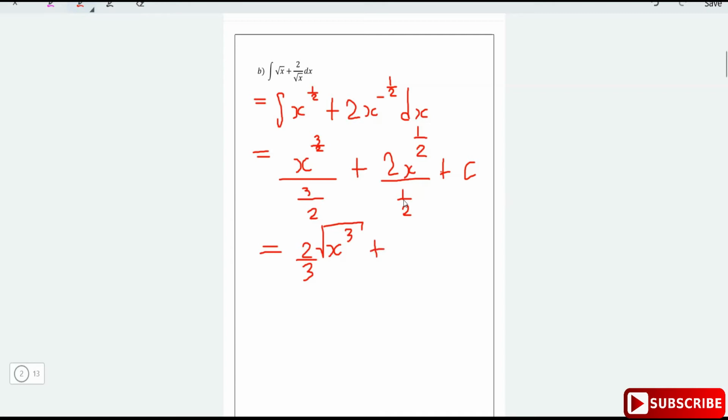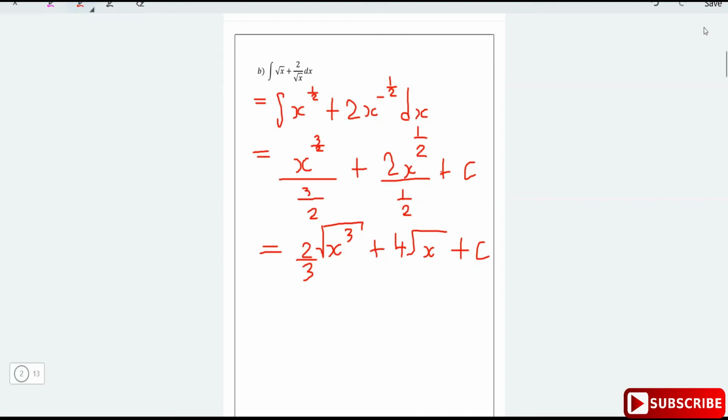When you divide 2 by a half, we get 4. And x to the half is root x. So this is really 4 root x plus some constant c. So that's what we get when we do this question right here. That's how we integrate that.